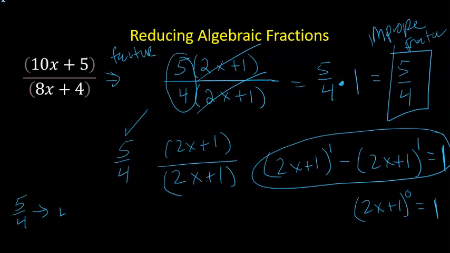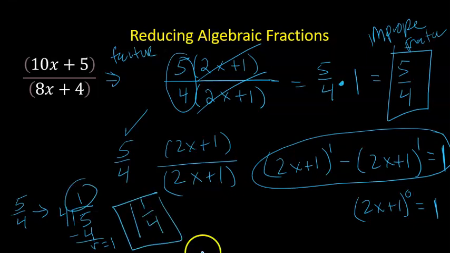I do 4 divided by 5 goes in one time, 4, subtraction, it gives me a remainder of 1. So I take the top number and I get this, right? So this is the final answer. This is also the final answer. Both of these are correct.